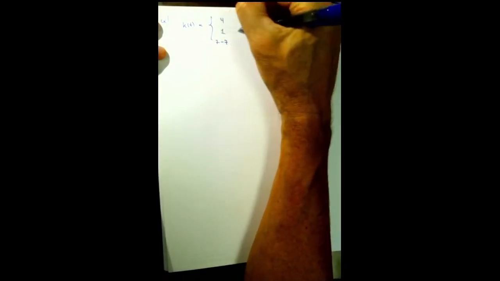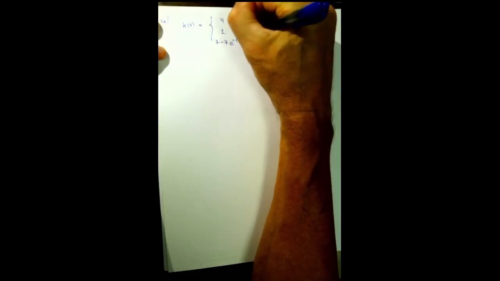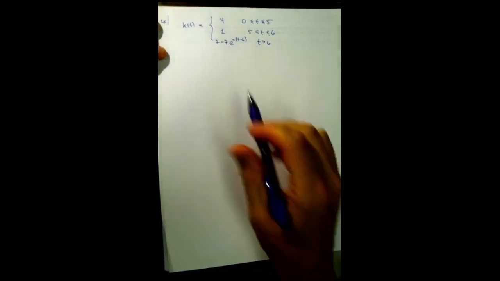Now, there's going to be a small subtlety here. Notice this should be strictly less than, this should be less than or equal to. I'm going to leave it like this, and we're going to see that there's an error in the end. And then after t equals 6, we're going to get this function.